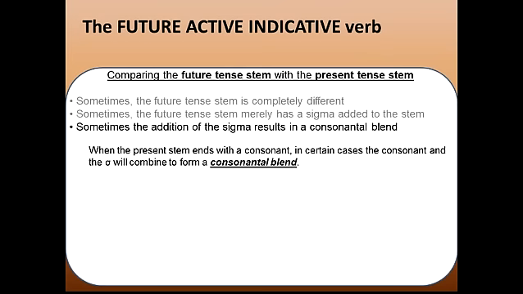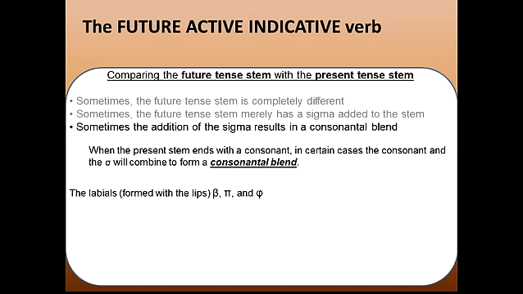If the present stem ends with a consonant, in certain cases the consonant and the sigma will combine to form a consonantal blend. The first circumstance where this happens is when the final consonant in the stem in the first principal part is a labial.